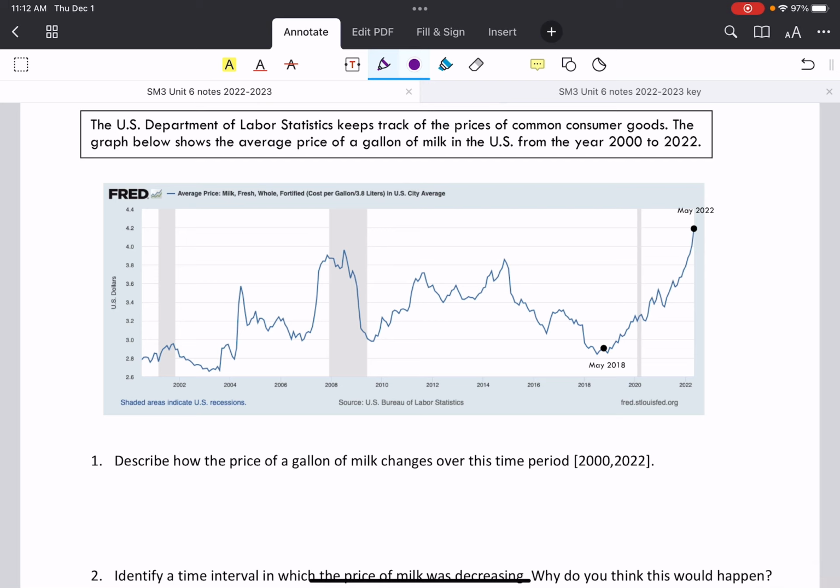This is a graph of how price has changed for milk over the years from 2000 to 2022. Got milk.